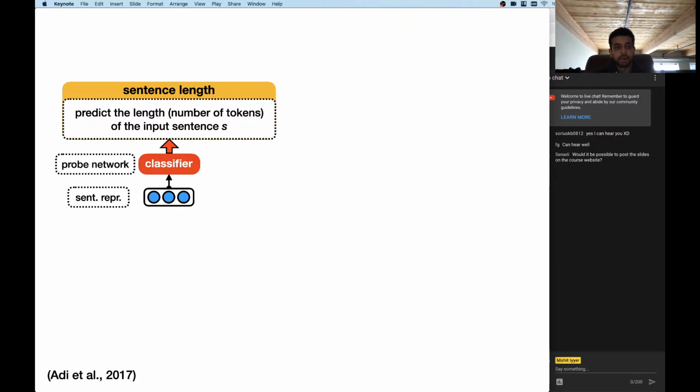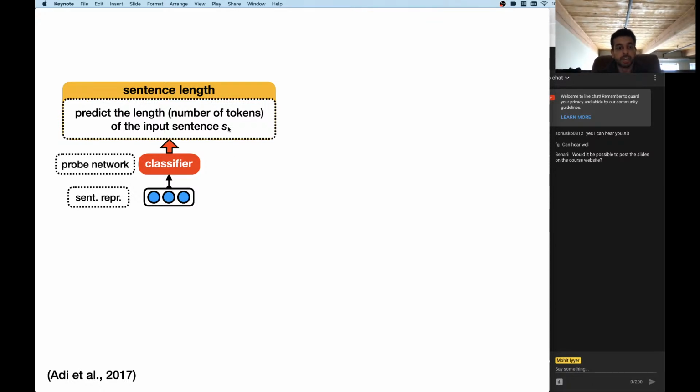Anyway, the point of this is to see whether the final layer representation, this blue vector here, encoded by BERT or whatever model we're interested in probing, captures sentence length, which is an important property to know about any input sentence.